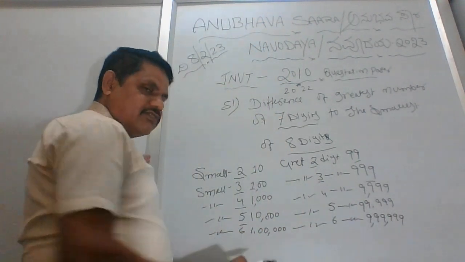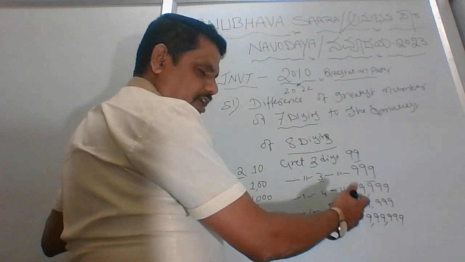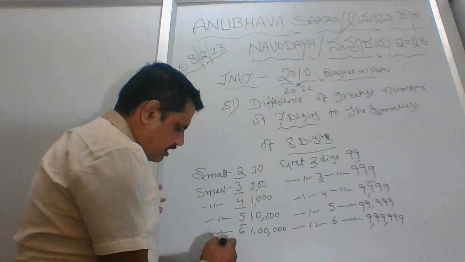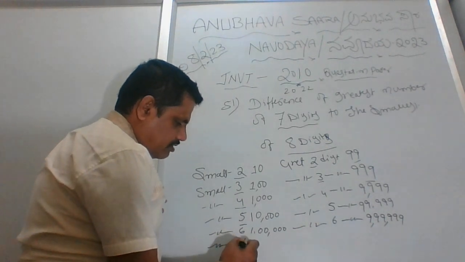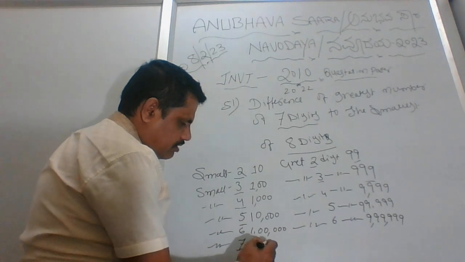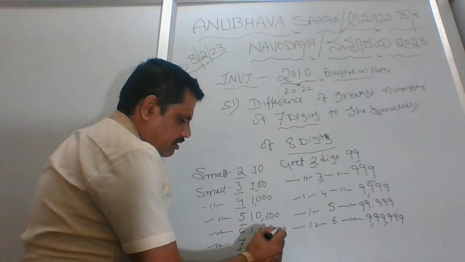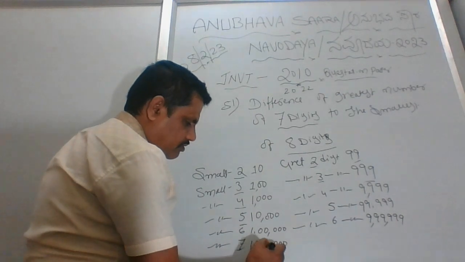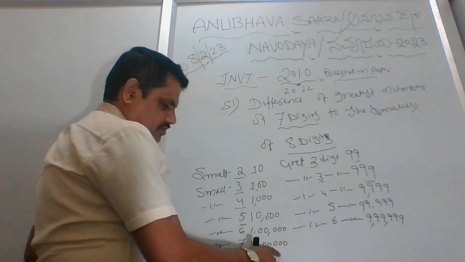That means 1 lakh is the lowest and 9,99,999 is the highest. Let's understand with the seventh one. Seventh is 10. How many zeros do you need? Here 3 to 5 is there, here 6 should come. So that means it's 10 lakhs.